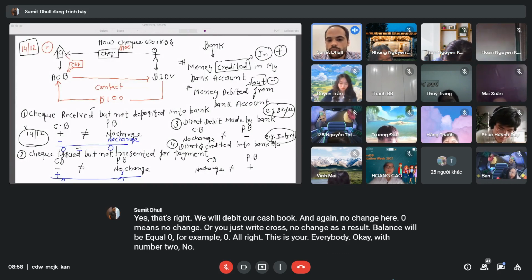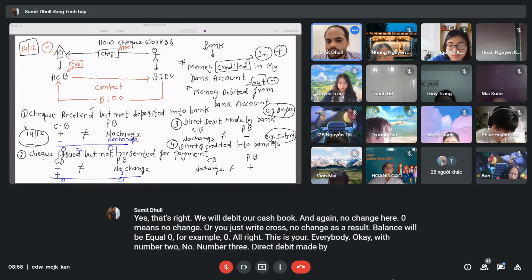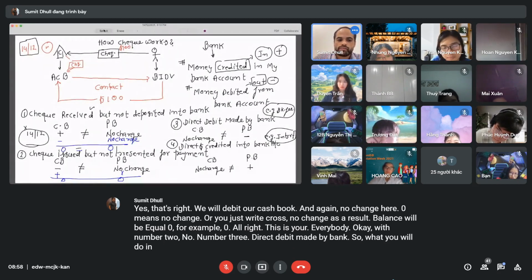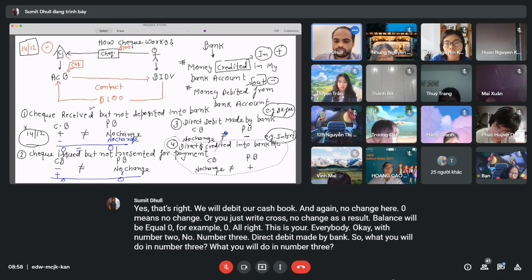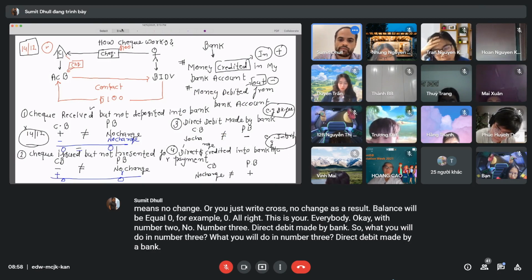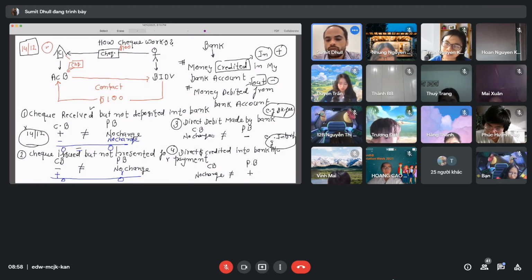Now, number 3, direct debit made by the bank. So what will you do in number 3? Direct debit made by bank. Tell me.